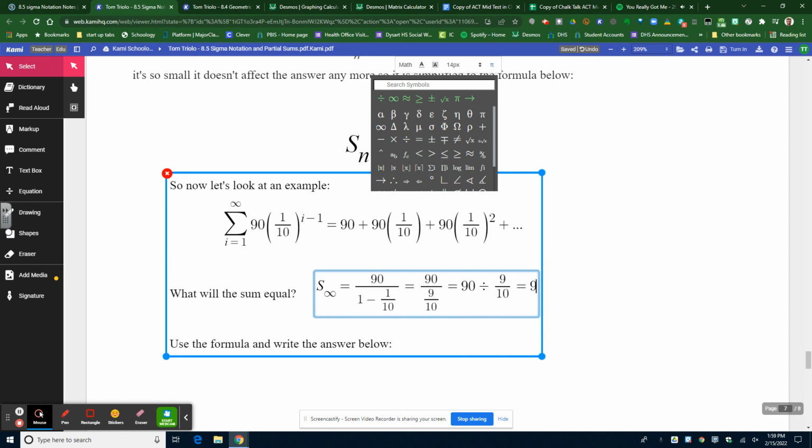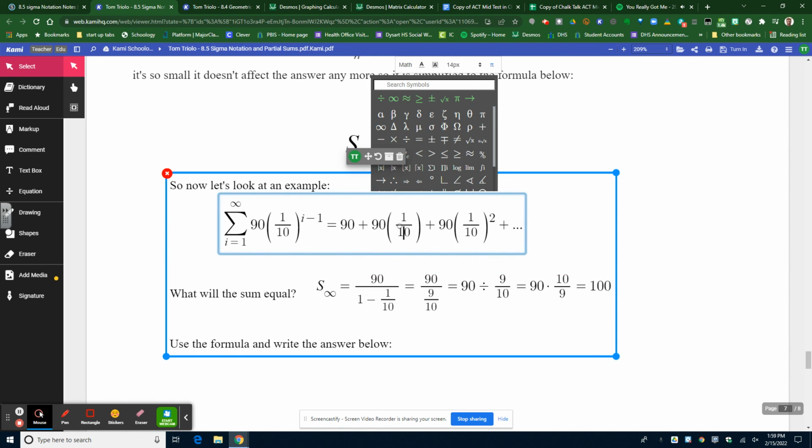So 90 times 10/9. What happens to my 9? It divides into 90 how many times? 10. 10 times 10 is... So even though this series goes on forever and ever, your hand would fall off, you would die of thirst or hunger before you ever finish writing the series, the answer is just 100.